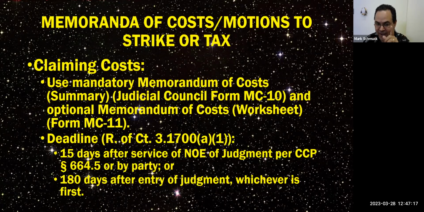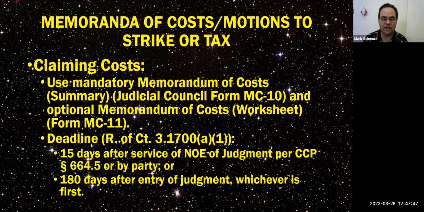See, we've got that number again, 664.5, or served by a party, or 180 days after the entry of judgment, whichever occurs first. Now, going back to the forms, even though it's optional, I really recommend using the Memorandum of Costs worksheet. It is super, super helpful. It's really, really helpful to the court in evaluating the entitlement to costs if any of them are challenged.